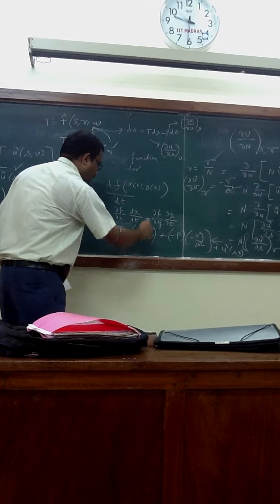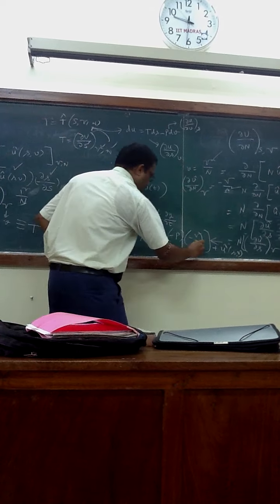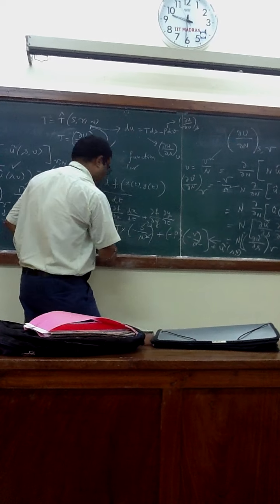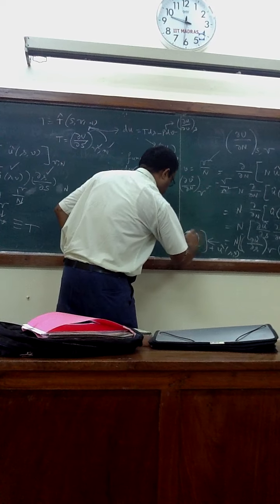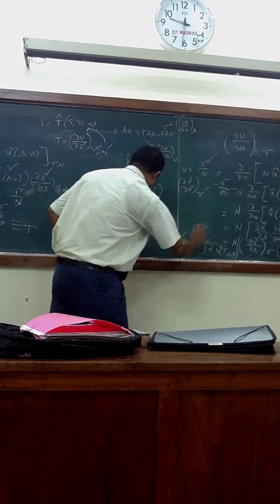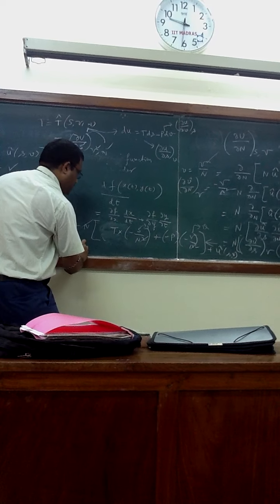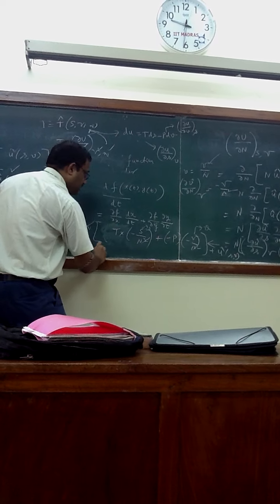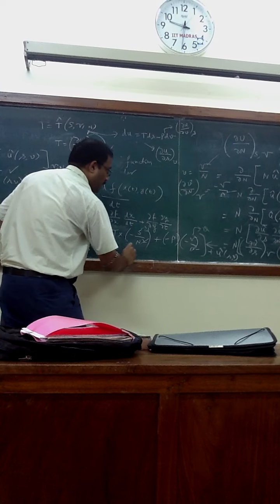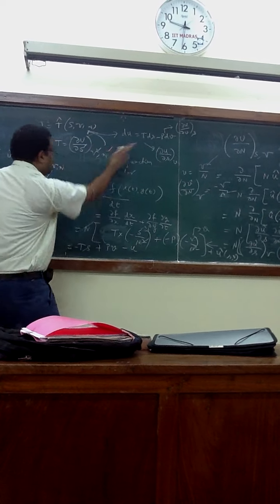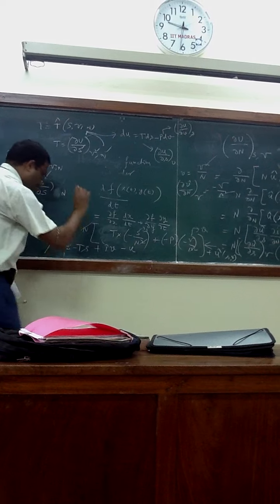This is coming, and this will go to small s, this minus N square, and this one will be going, so it will be minus P, this is coming small v, and you are getting T minus Ts plus P small v minus u, and this dou U by dou N is nothing but V.